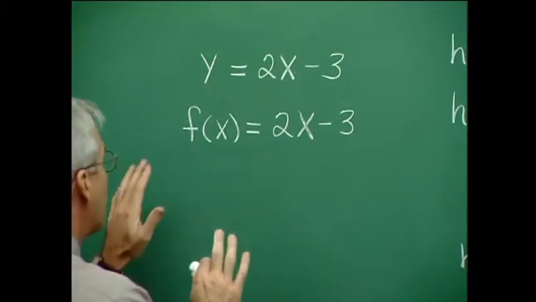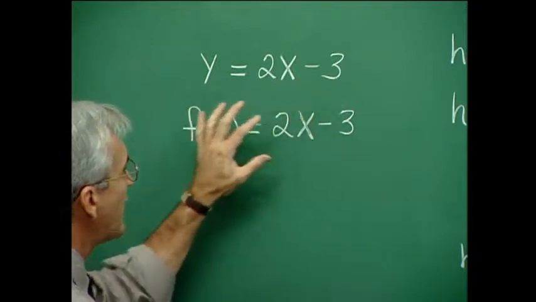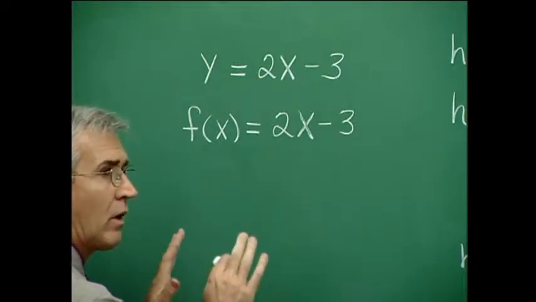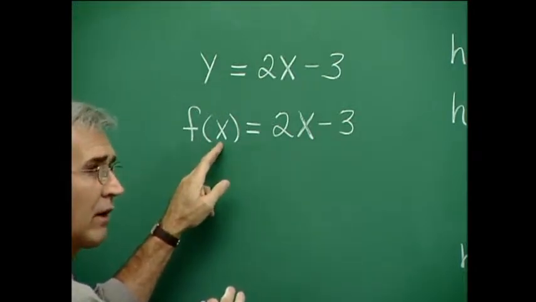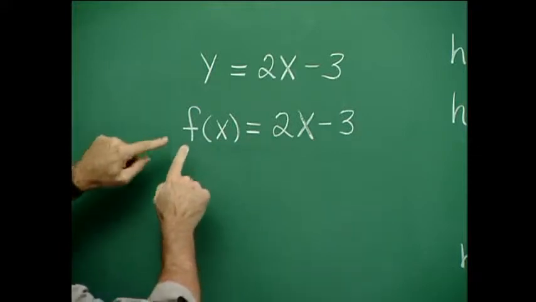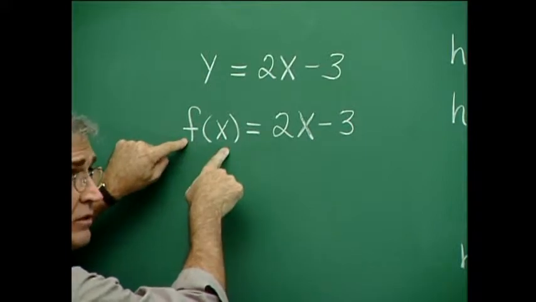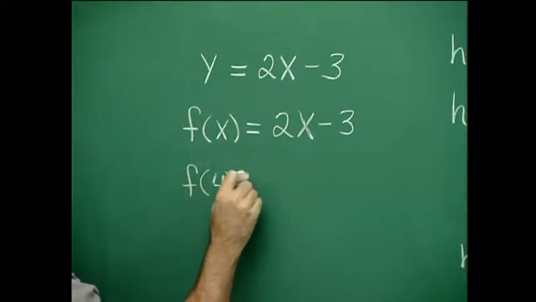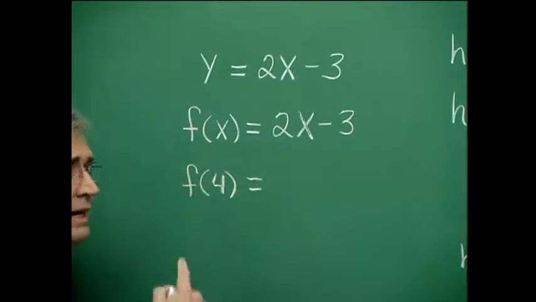Now if we interpret this f of x in a particular way, then this notation leads us to a technique for evaluating functions for a particular value of the variable. We can interpret this as the value of f at x, and if we pop in a particular value like 4, then this means in the f function replace x with 4 and evaluate.